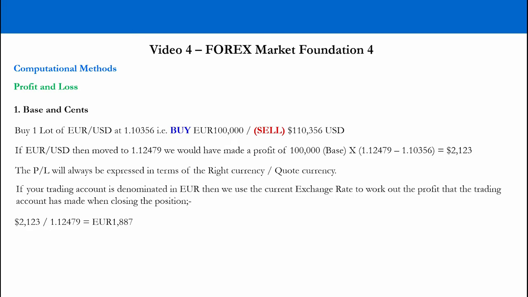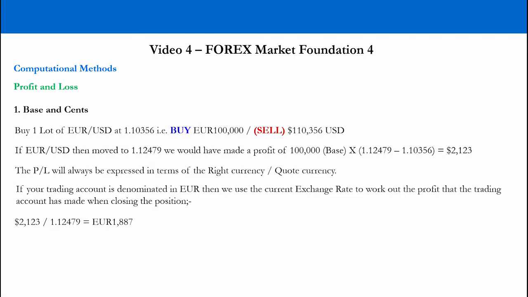Now, if the euro dollar exchange rate moves to 1.12479, we would have made a profit of 100,000, so the base currency, times the difference between the price that we sell at and the price that we buy at. And if you work that out, that comes out as $2,123.